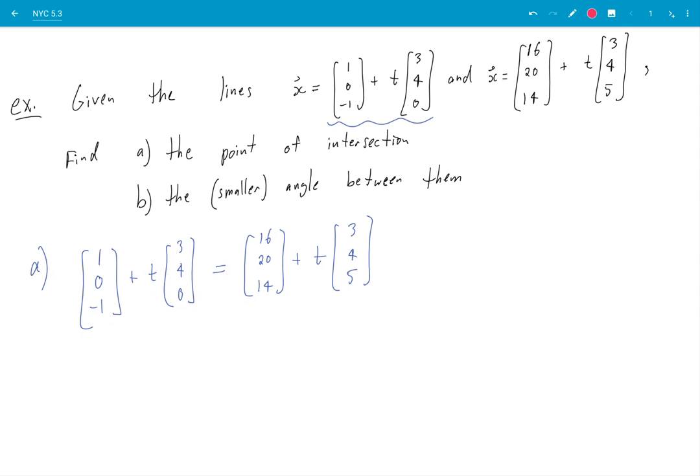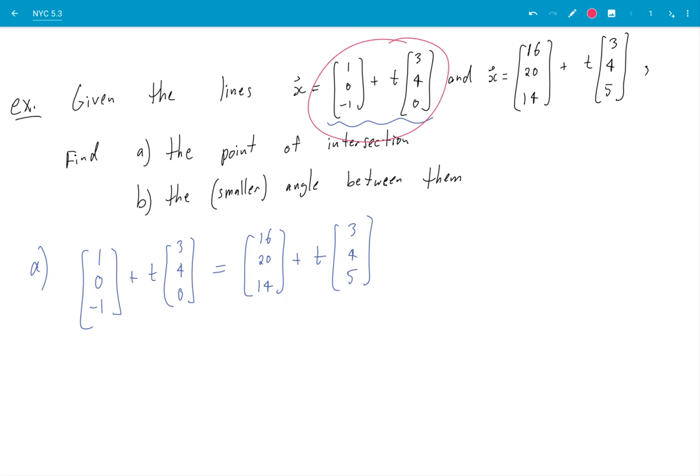We're looking for a vector x that can be written this way and can also be written this way. However, it is not required that they share a t value.